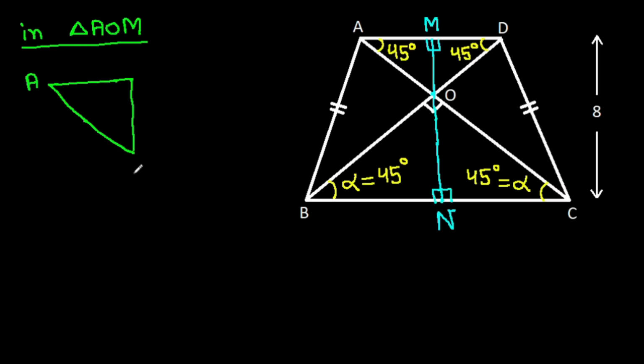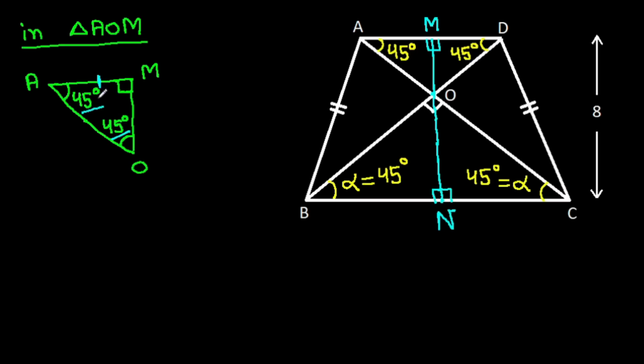in triangle AOM, this angle is 90 degrees, this angle is 45 degrees. So this angle will also be 45 degrees, and these two angles are equal.